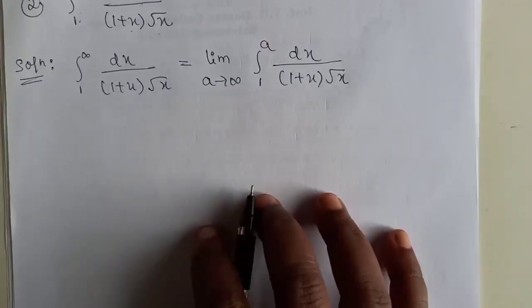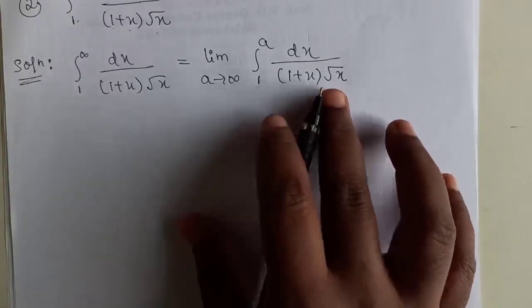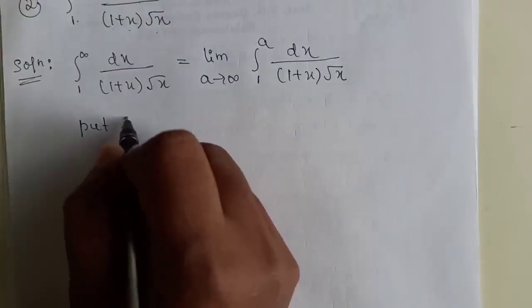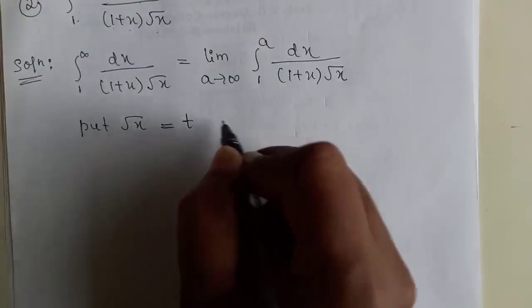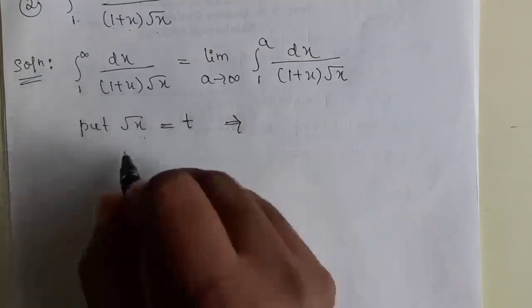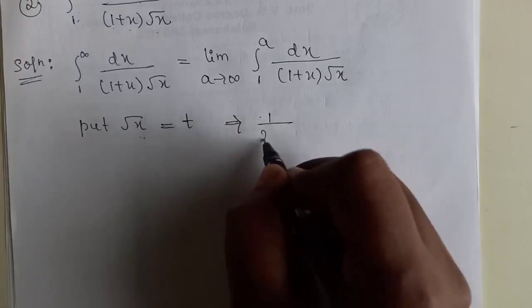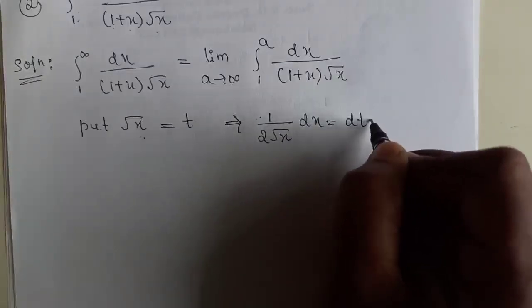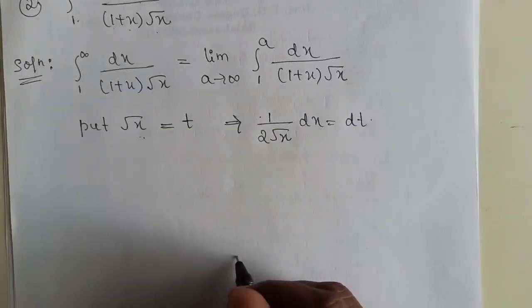Now for integration, I will substitute root x as t, that is, put root x equals t. Then differentiating, we get 1 divided by 2 root x into dx equals dt.